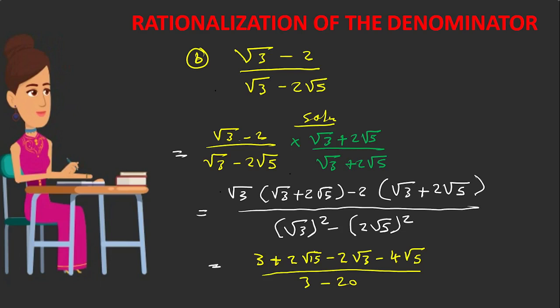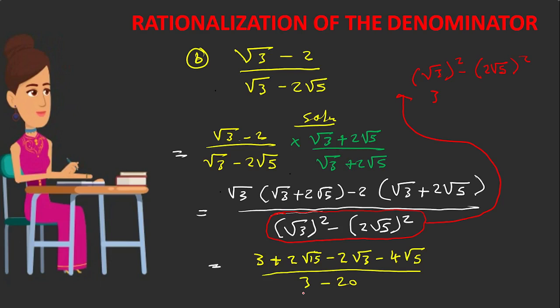So you have open bracket square root 3 squared minus open bracket 2 square root 5 squared. What you are going to do is square root 3 squared. What's the answer, Taonga? Square root 3 squared is what? 3. This is where this 3 has come from.